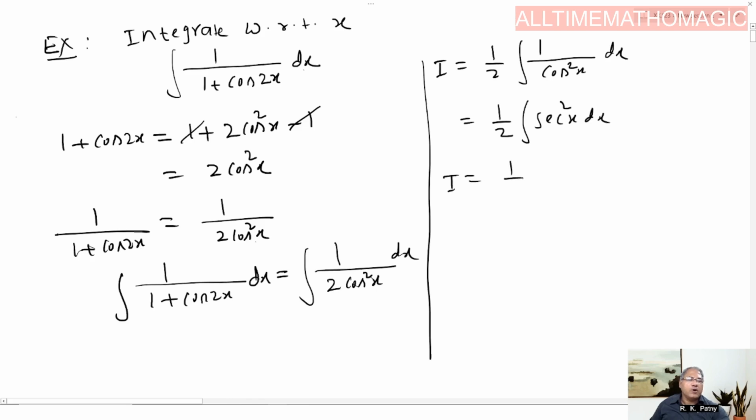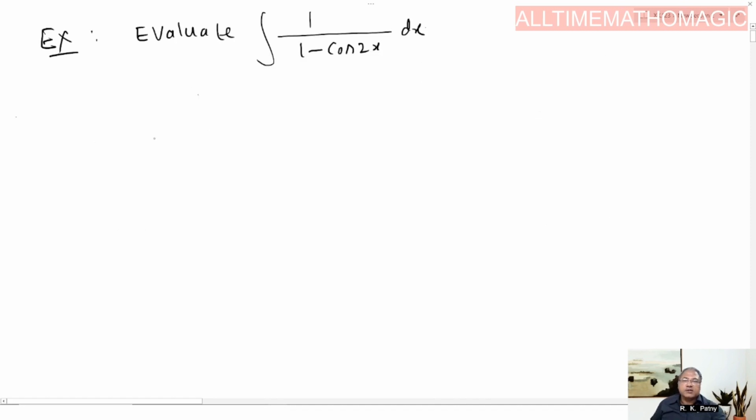Therefore I equals 1 upon 2 integration of sec square x, nothing but tan x. Therefore it is tan x upon 2 plus c. This is the required solution.